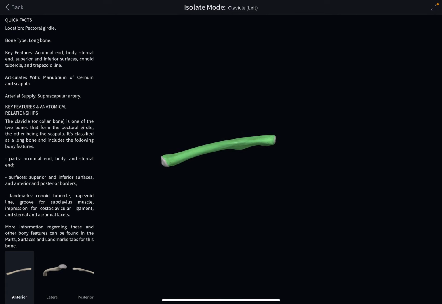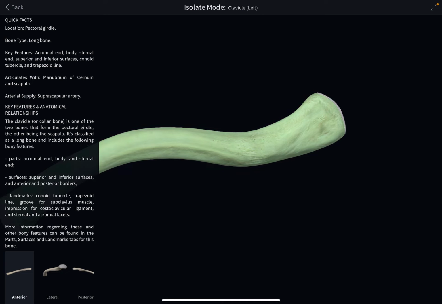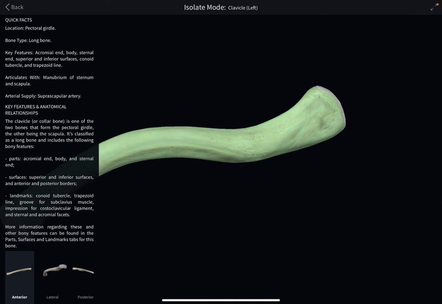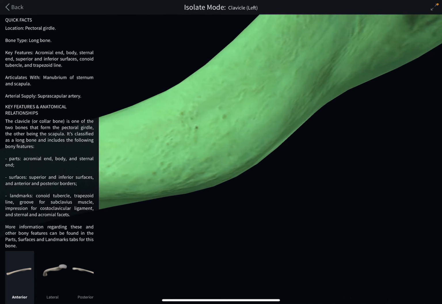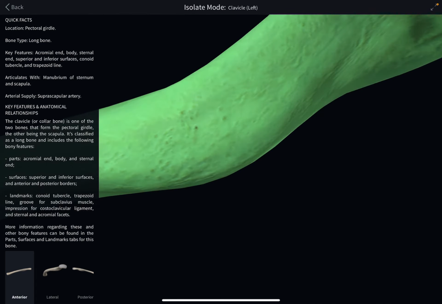This is the anterior surface, here is the posterior surface, this is the superior surface, this is the inferior surface. Now on the inferior surface, you see this projection here, this is the conoid tubercle.